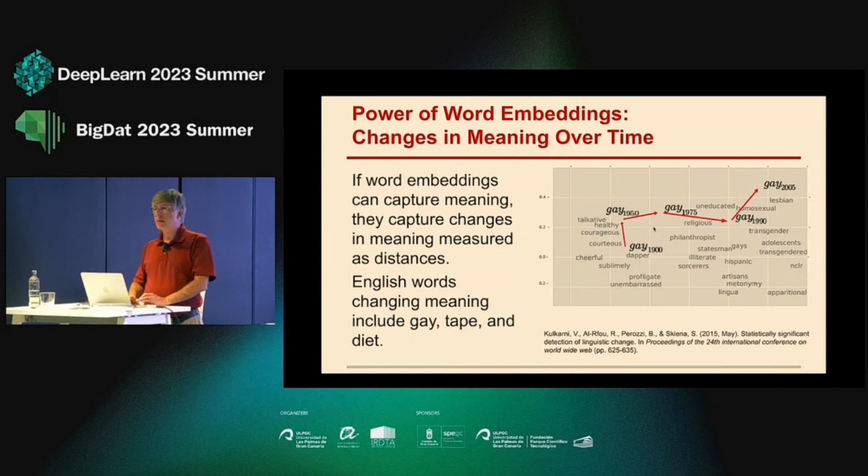How did we build a picture like this? Well, what do we know? Word embeddings capture what words mean, right? What if we trained word embeddings on text that was produced every year?